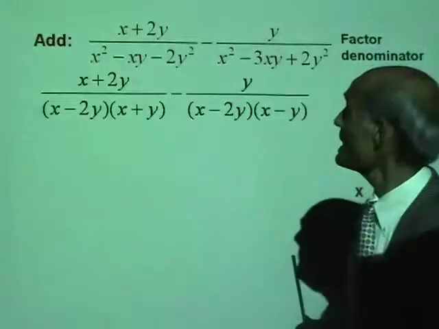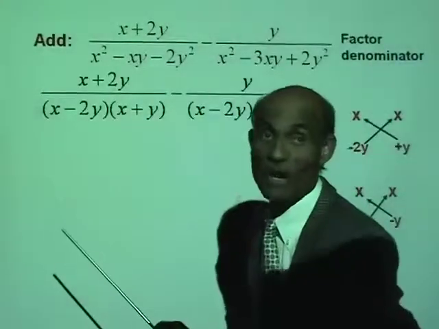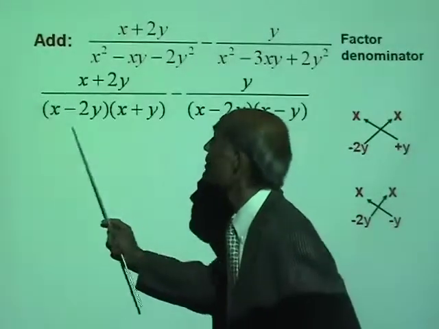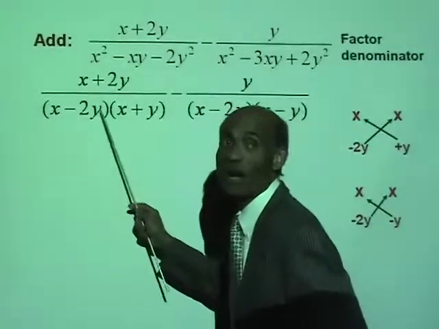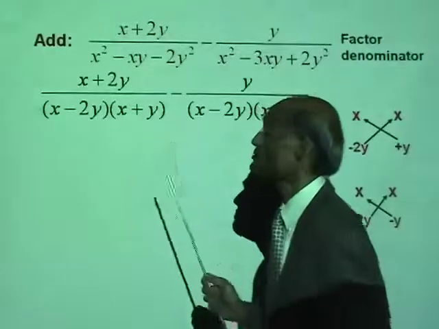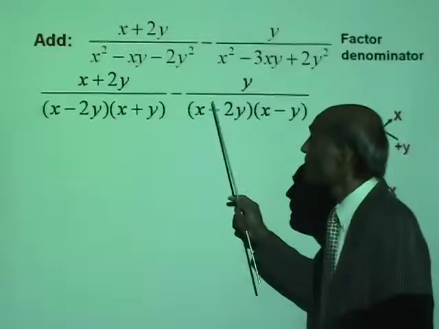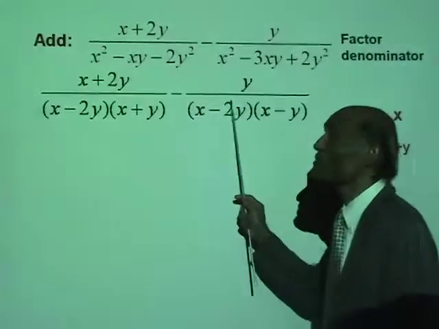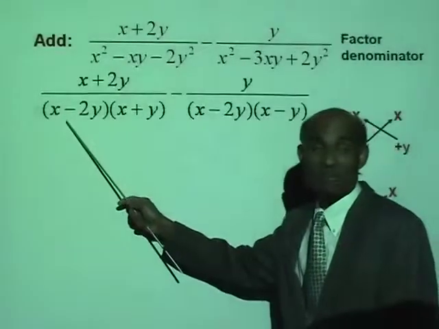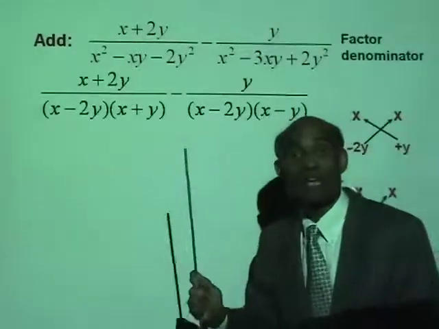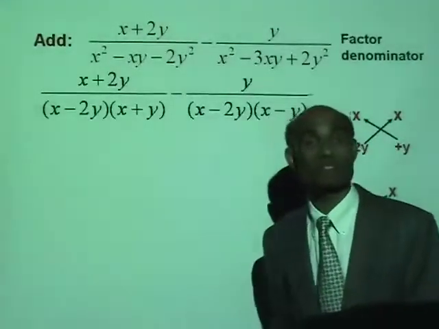What is the LCD? Well, to find the LCD, we start picking both these factors: x minus 2y times x plus y. Well, when you come to the second one, do we need the x minus 2y? It has been picked already. But x minus y, we need it because it hasn't been picked.